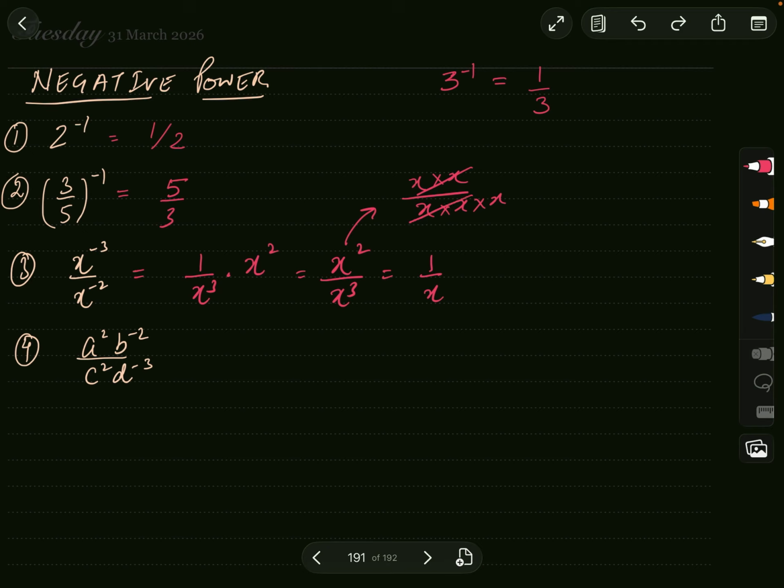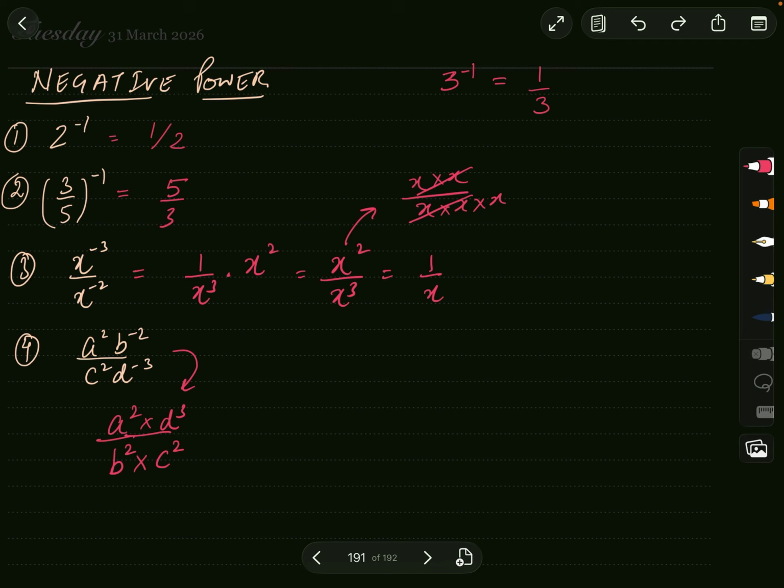Now solve a little trickier question. Not trickier, but a little lengthier. So we've got a square, b to the power of negative 2. So obviously this is going to go to the denominator. So I'll write b square in the denominator, with which c square was already existing. So we'll write c square as it is. And now times d to the power of 3, because d to the power of negative 3 was there in the denominator.